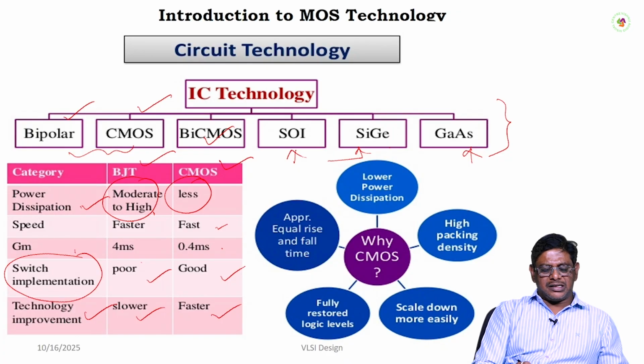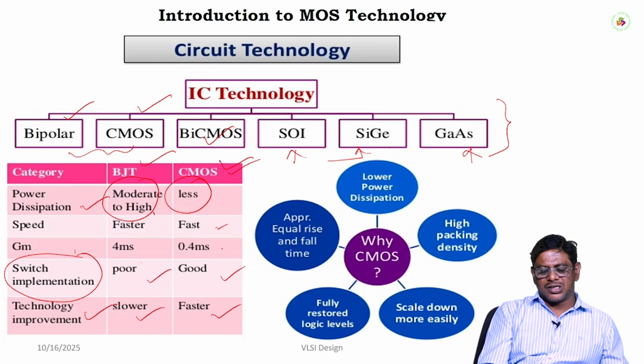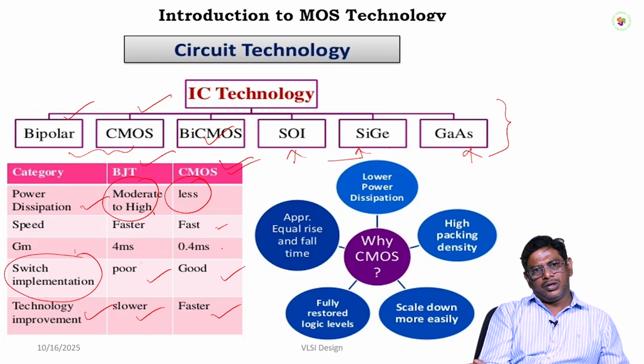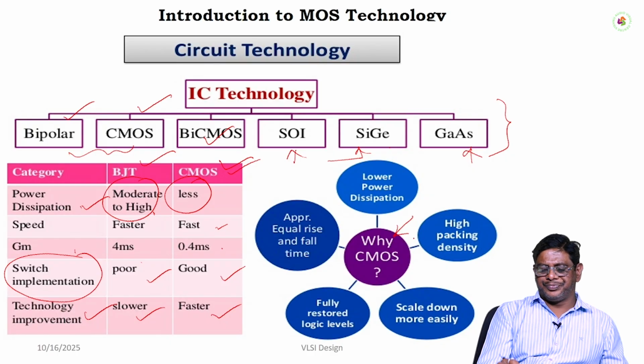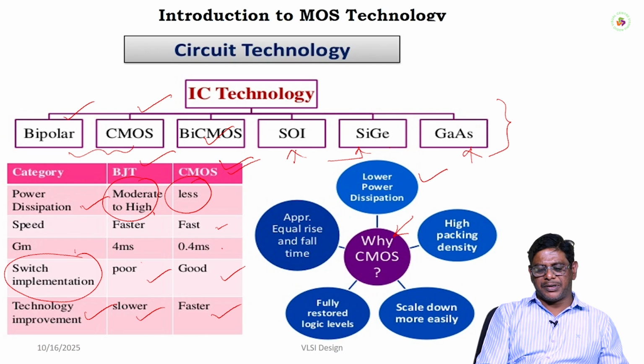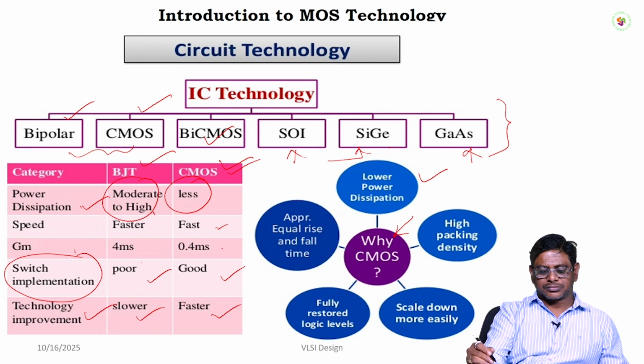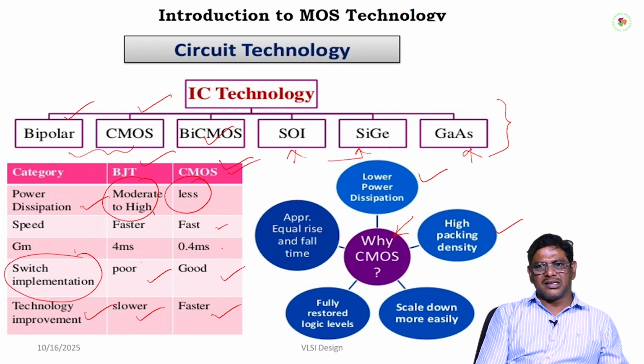Considering all the advantages of CMOS, we have moved on to CMOS technology. The basic advantages are that power consumption is less as well as power dissipation, and it has a higher package density. What do you mean by package density? It means we can integrate more components together to make a certain functionality, and scale down more easily.